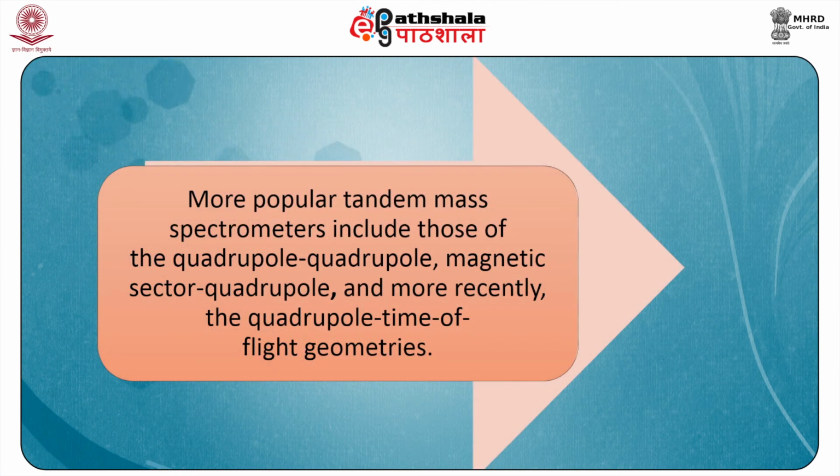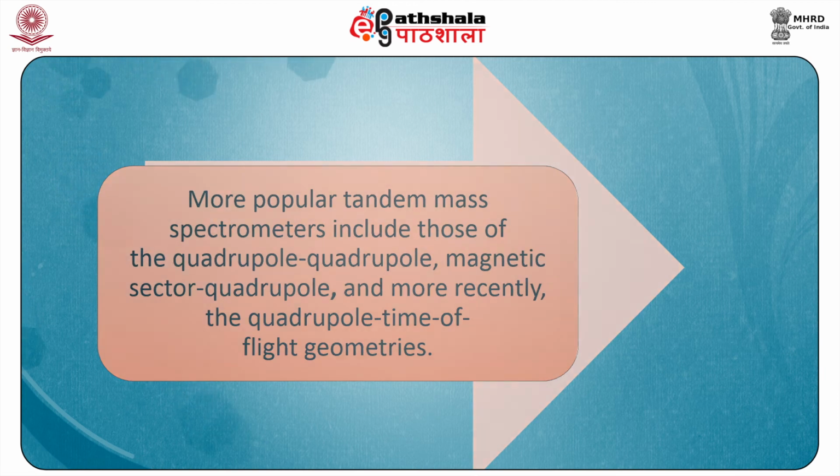More popular tandem mass spectrometers include those of the quadrupole, magnetic sector quadrupole, and more recently known is the quadrupole time of flight geometries, which can help in detection of different aspects of a particular molecule.